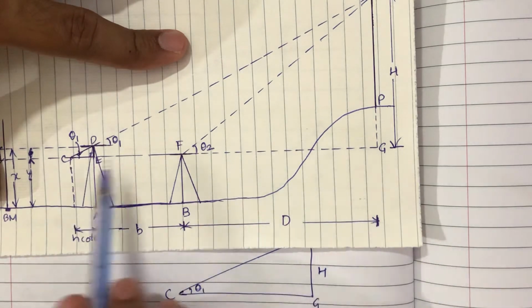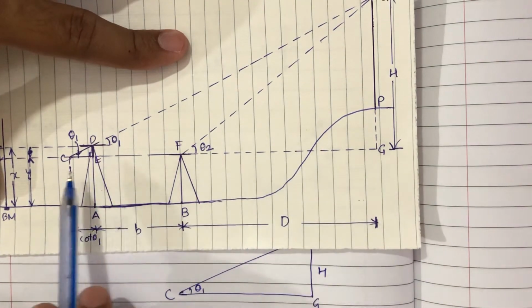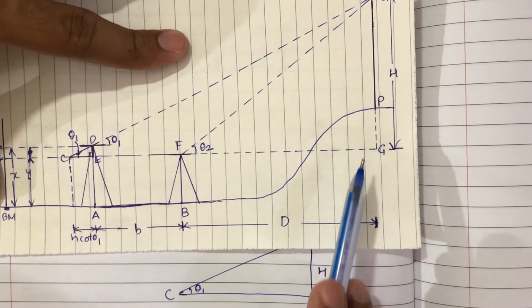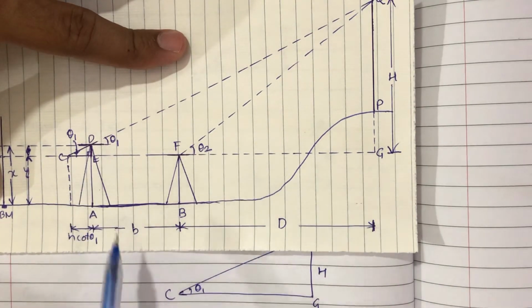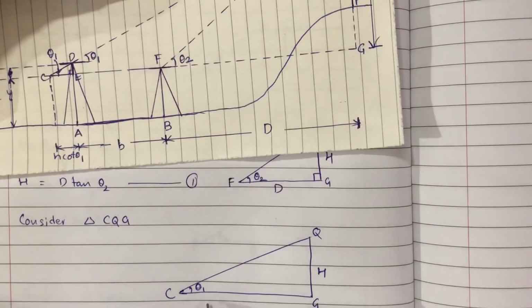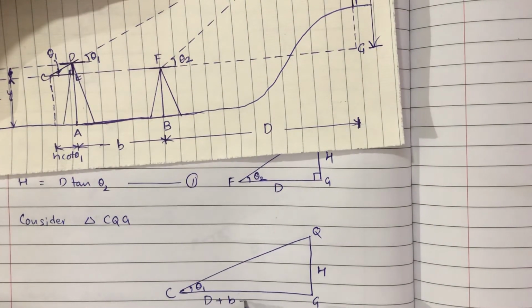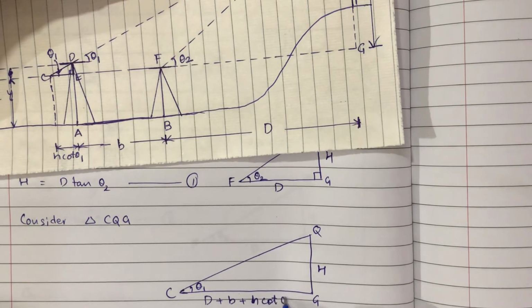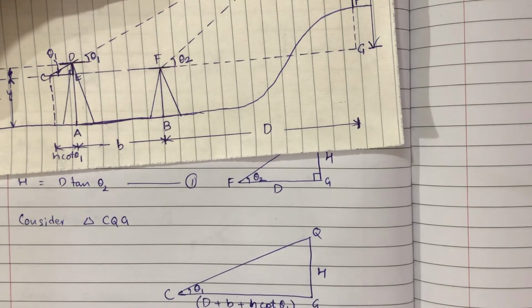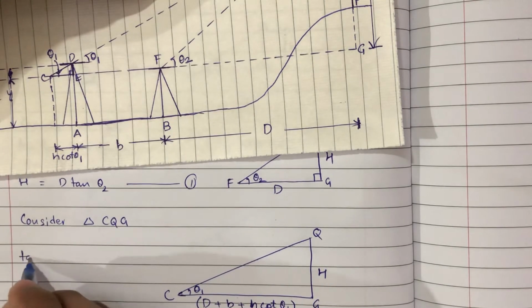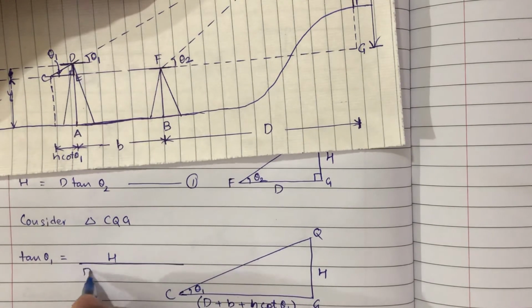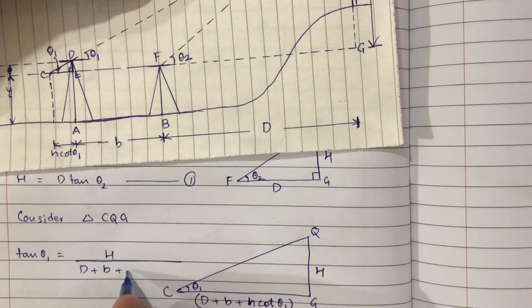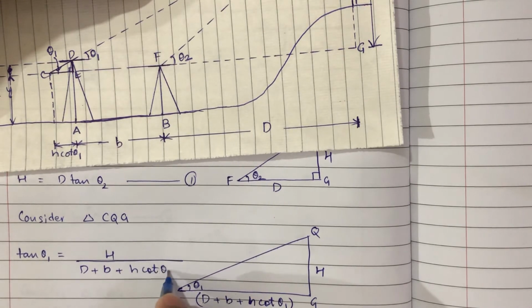And this total distance CG, we find that it is equal to D plus B plus H cot theta 1. So we can write tan theta 1 is equal to h upon D plus B plus h cot theta 1.